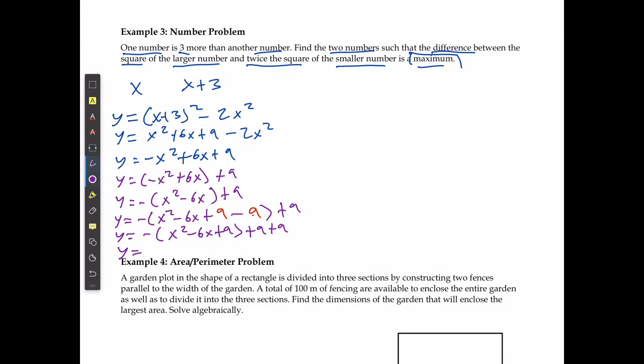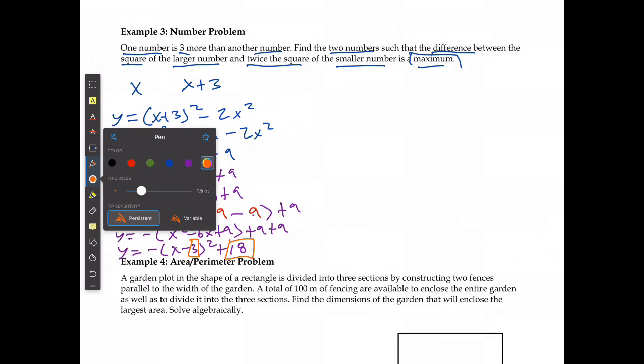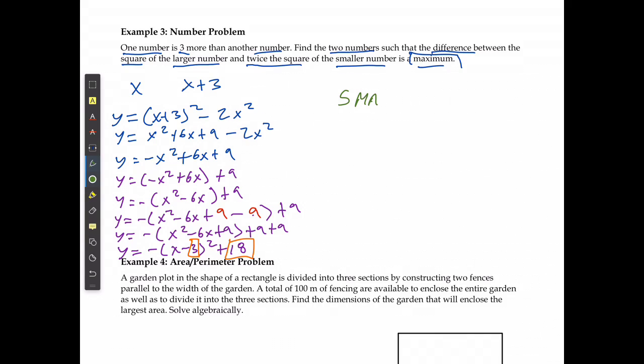Square root the brackets: negative bracket x minus 3 squared. And combine the constants, 9 and 9 are going to be plus 18. So the maximum here is going to be 18, and this occurs when the x value is 3. If x was my smaller number, then the smaller number is 3.